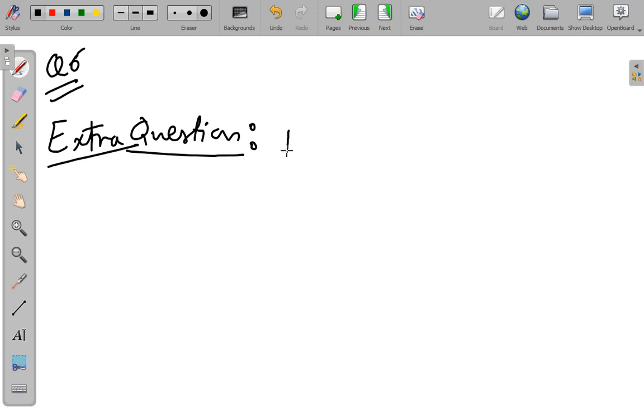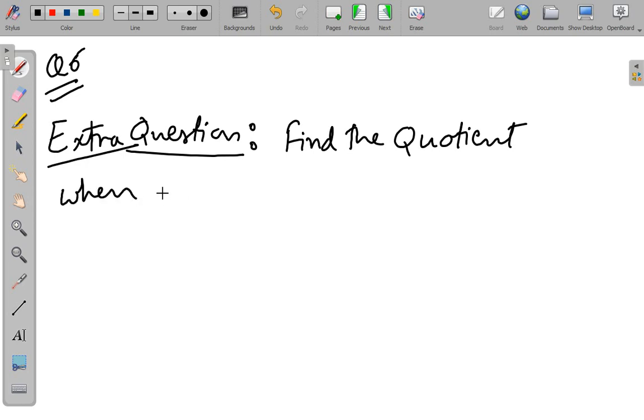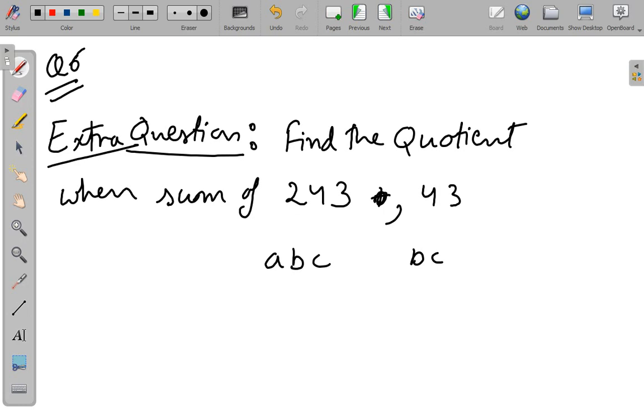Find the quotient when the sum of, I am taking a random 3-digit number, 243, plus, next is 432, this is ABC, then BCA, and then CAB.